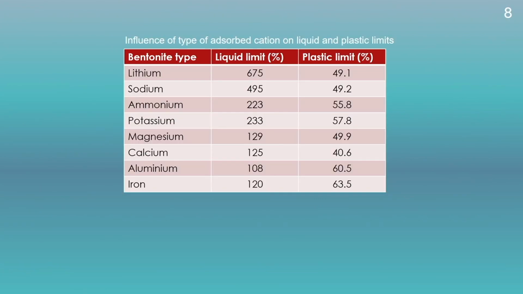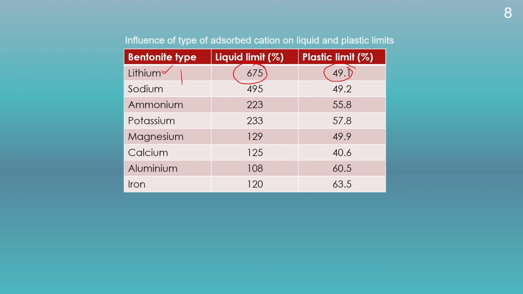When we talk about different types of exchangeable cations, here we can see the influence of different adsorbed cations on the liquid and plastic limit of bentonite. If the exchangeable cation is lithium, then the liquid limit will be 675 and the plastic limit will be 49.1 percent.